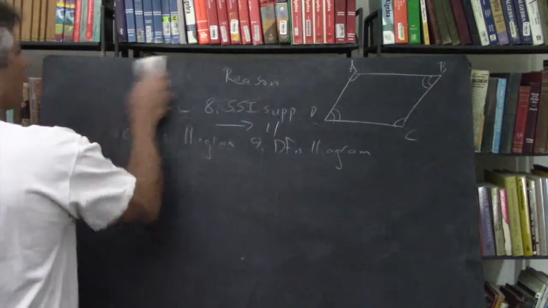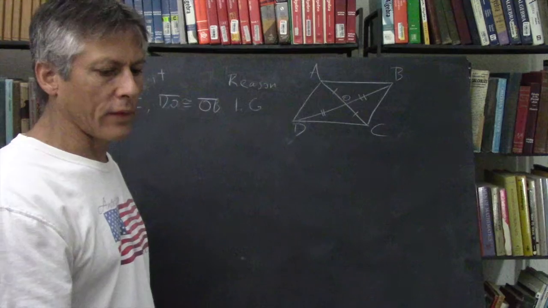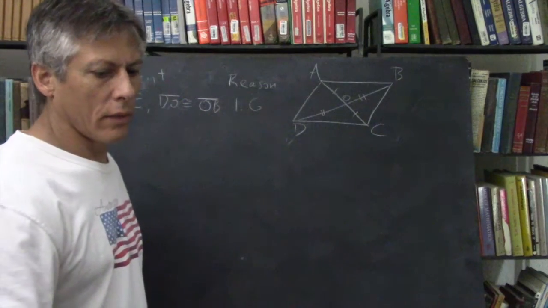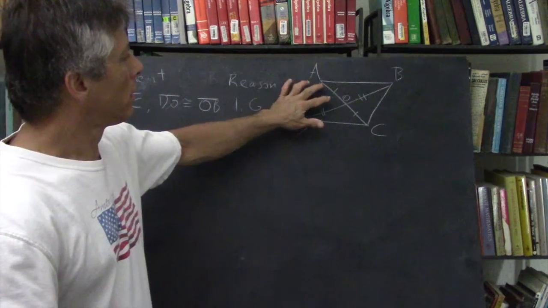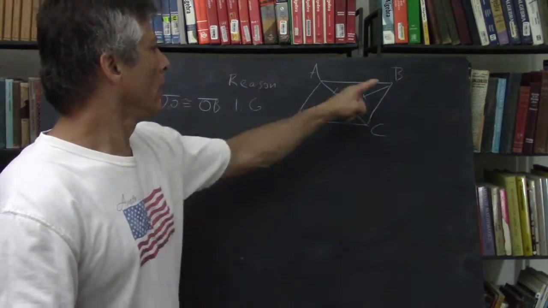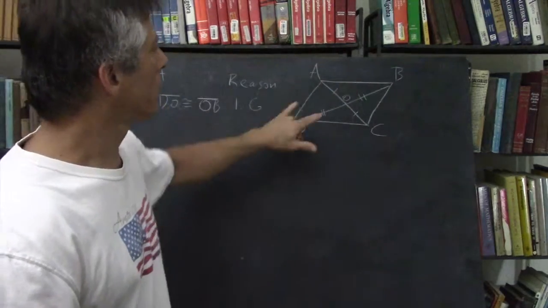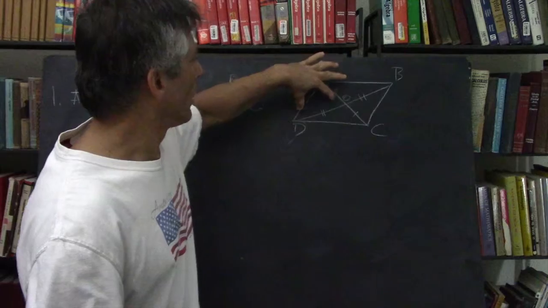Now the next one. So theorem 5.7 says that if the diagonals of a quadrilateral bisect each other, so AC cuts BD in half, and BD cuts AC in half, so you see AO equals OC, and BO equals DO.